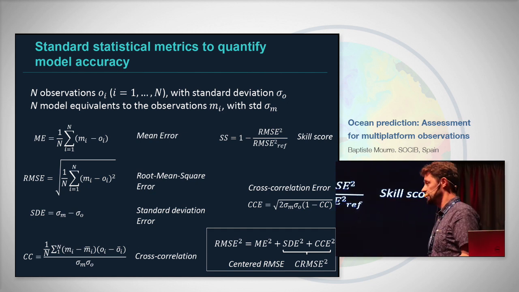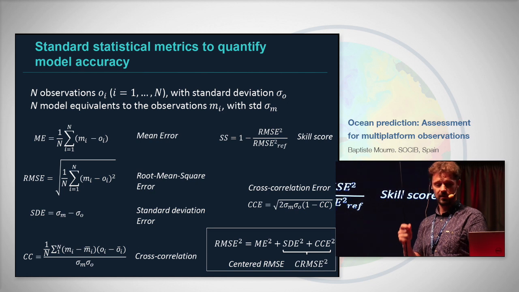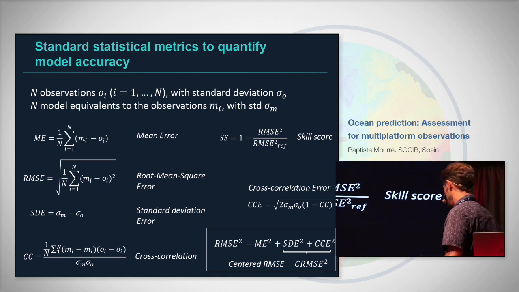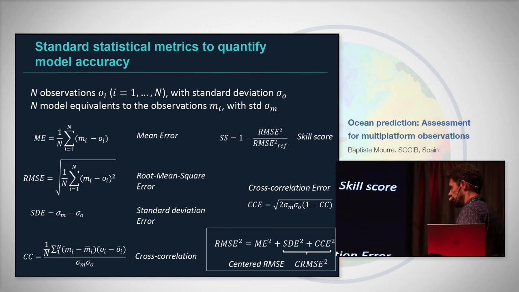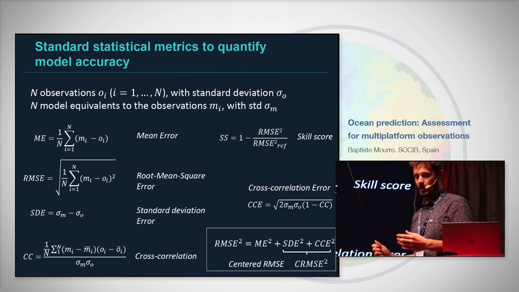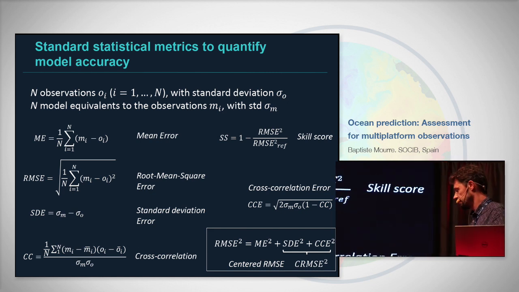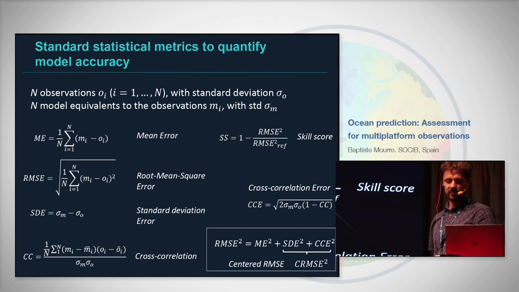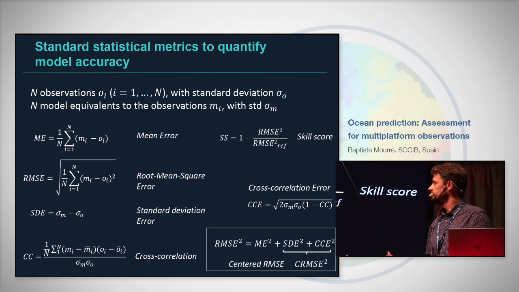You have to get similar standard deviation between your model variability and the observations. And if we build a correlation error like this, you also need to have a correlation close to 1. So it's interesting to separate the different contributions instead of considering only a single root mean square error.